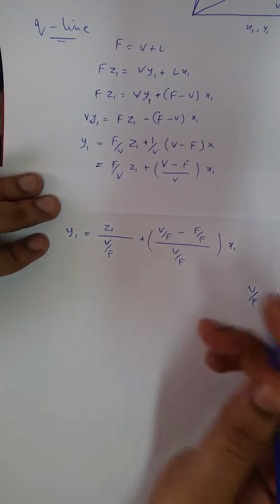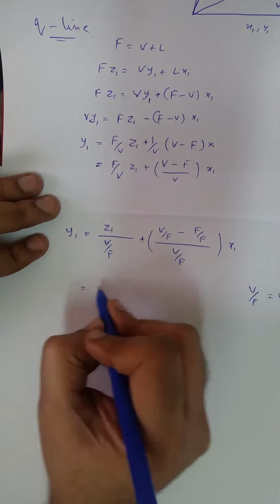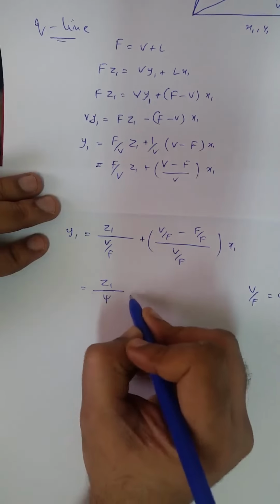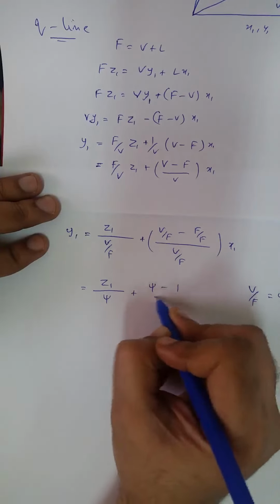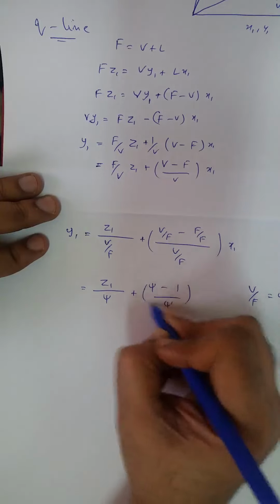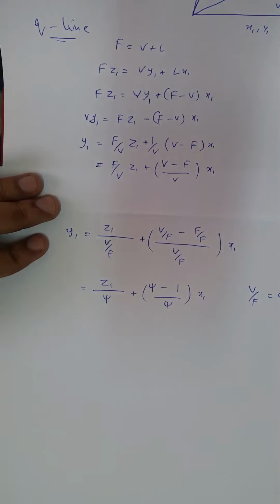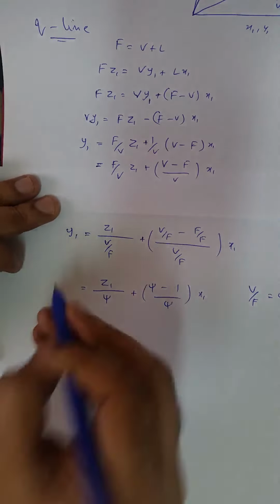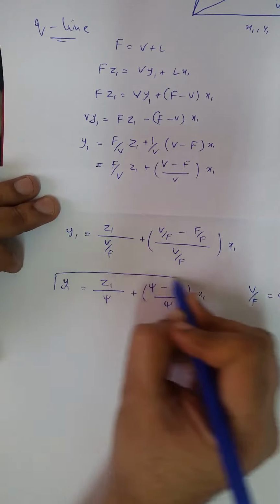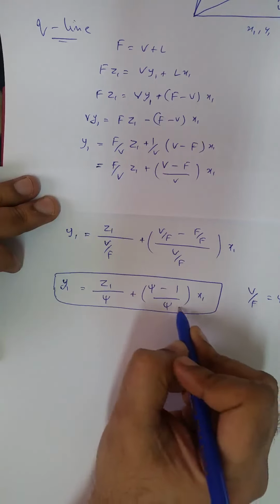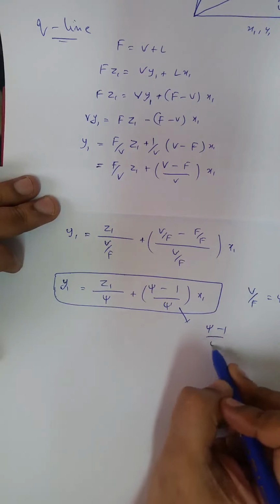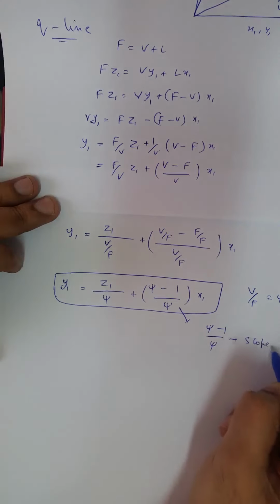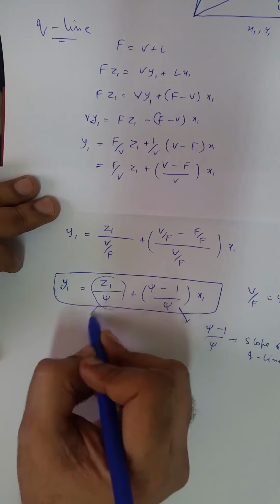So we can write it in terms of psi. So this is the equation in terms of psi. So this is the slope of the q line, and this one is the intercept.